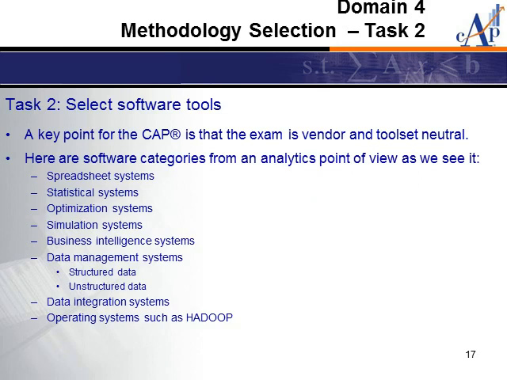So talk to your colleagues, form a team, work together, and get to know them. Pick up some books, maybe some courses here and there to really get to know these systems and available software. CAP doesn't ask about a specific named software, but there are questions that can be influenced by knowledge of this type of system: spreadsheets, statistical, optimization, simulation, etc.